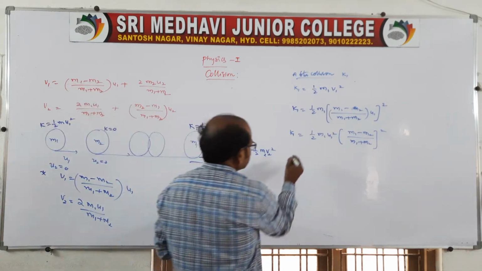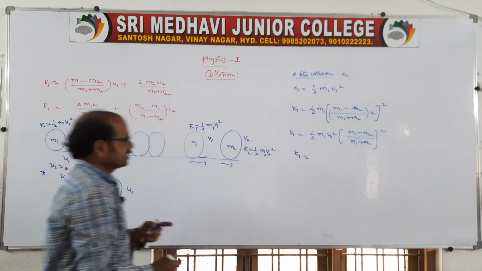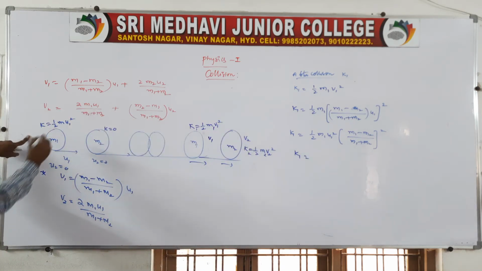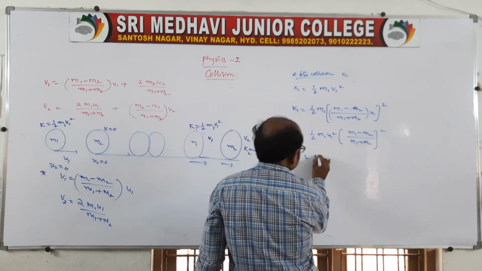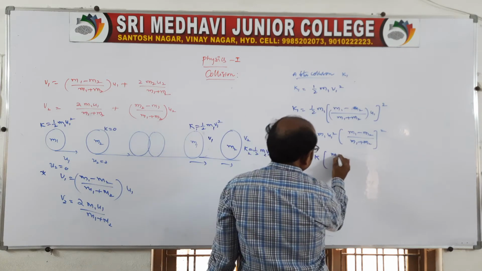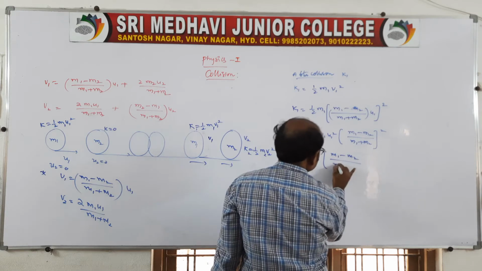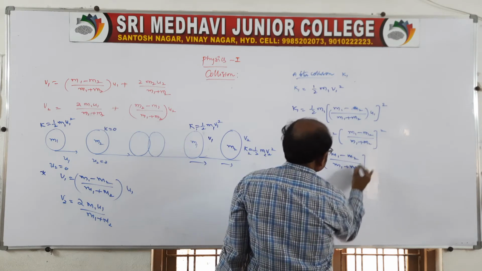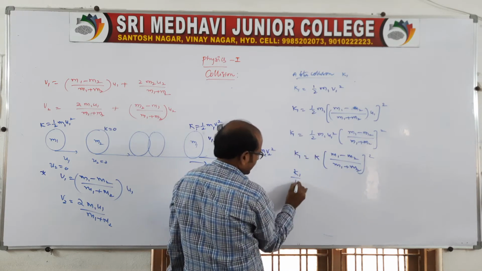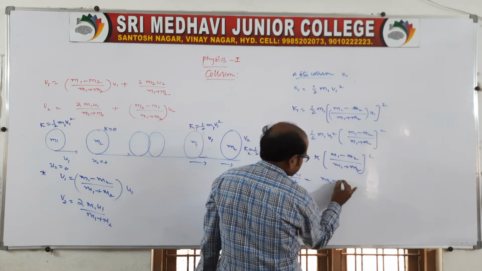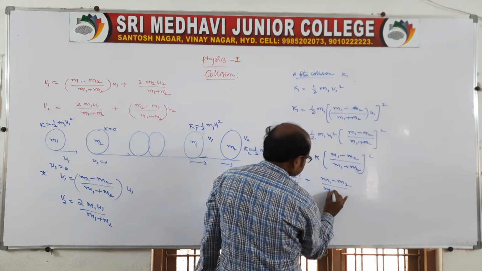Now you get like this, K1 is equal to half m1 u1 square, which is nothing but K, no? Therefore the before collision kinetic energy will be K, times (m1 minus m2) by (m1 plus m2) whole square. So K1 by K is equal to (m1 minus m2) by (m1 plus m2), whole square.